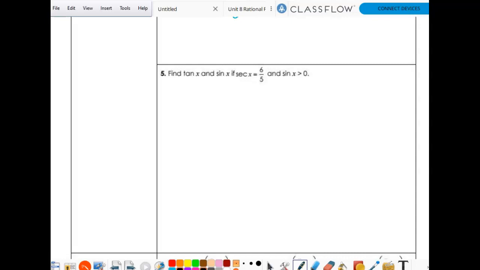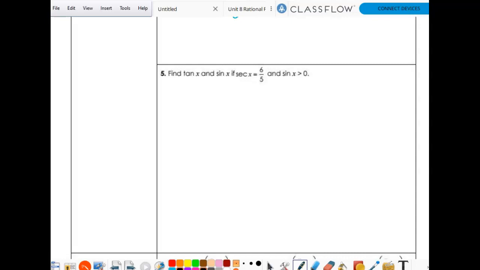What do y'all think? I'm given secant. Is there anything with secant and tangent in it? Look in your Pythagorean identities. Anything with secant and tangent together? Yes. So, can we start there?